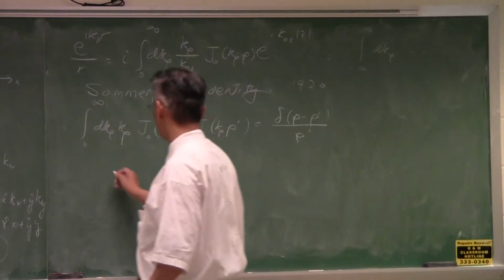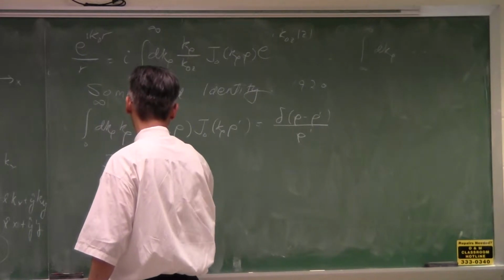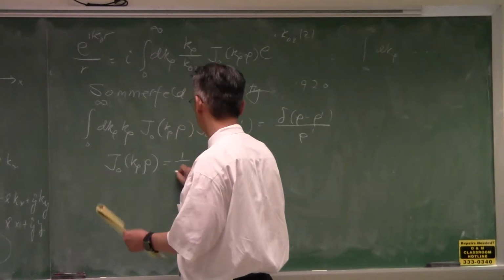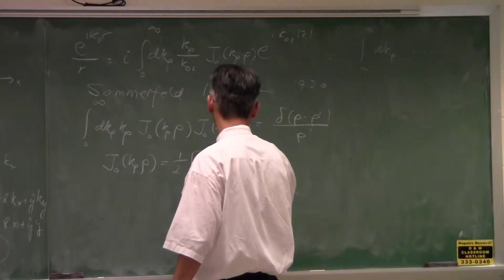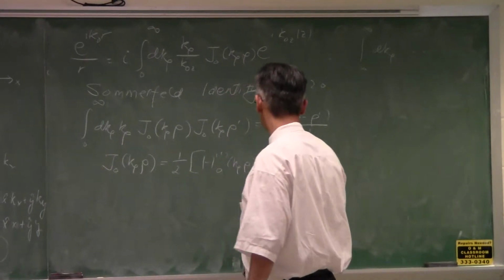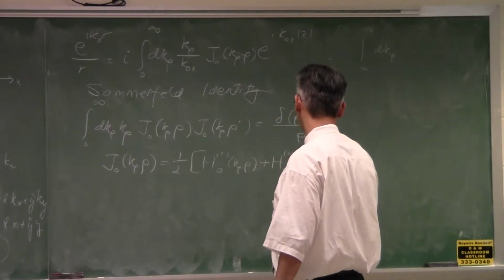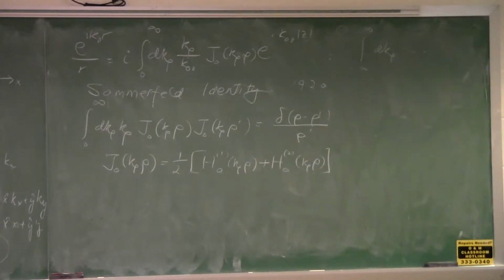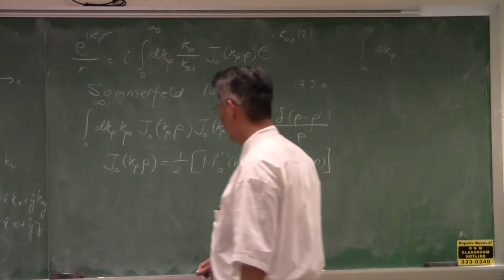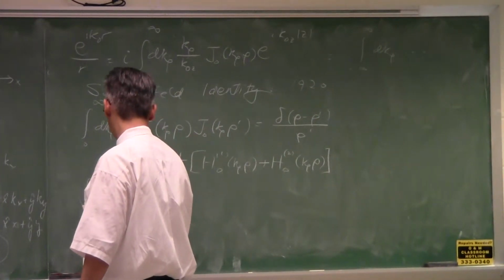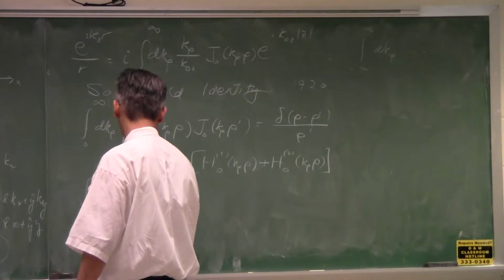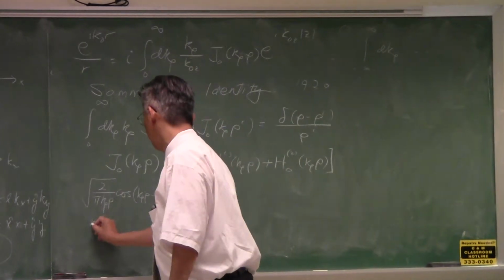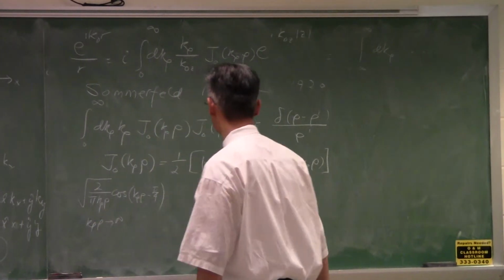We make use of this Bessel identity that the Bessel function is a standing wave. It's actually equal to half the Hankel wave of the first kind plus the Hankel wave of the second kind. And as I said before, this thing is actually square root of 2 over pi k rho, cosine of k rho minus pi over 4, when k rho tends to infinity.